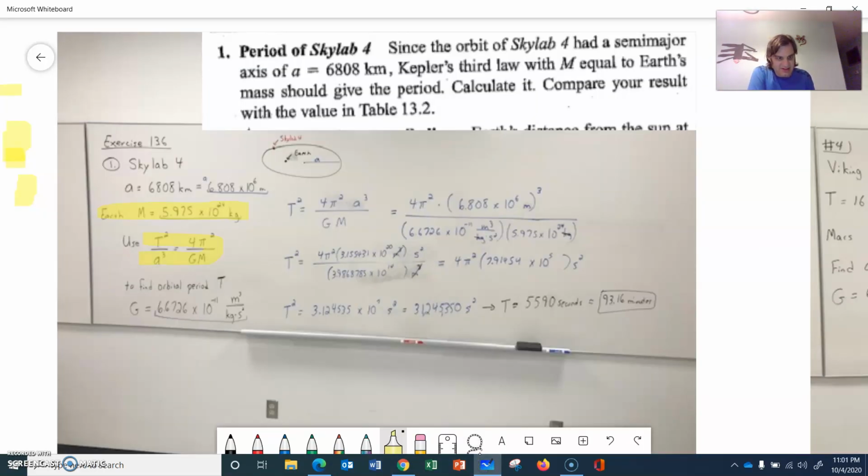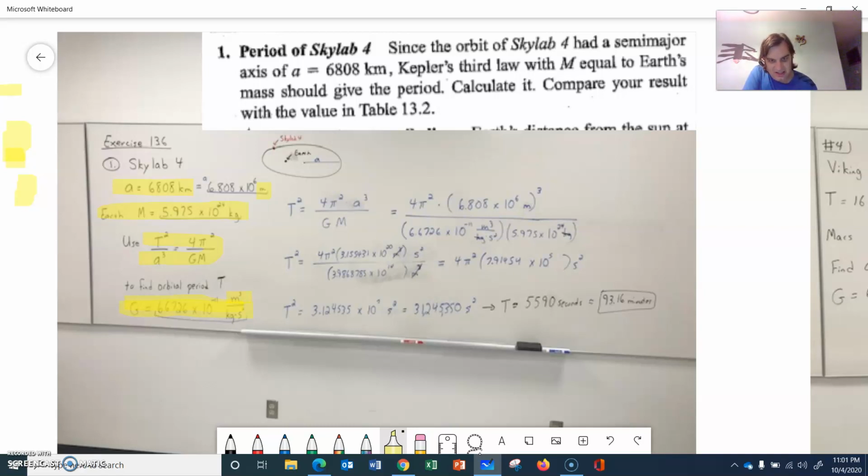The other things here, G is the gravitational constant, also given in the notes. So we have that. You can look that up. But let's see here. So just plugging everything we have in, the a is in kilometers, and one thing we need to notice is that I changed it to meters because the gravitational constant is in meters cubed.